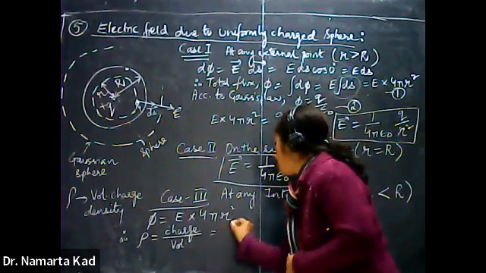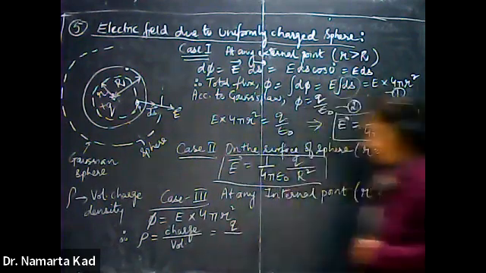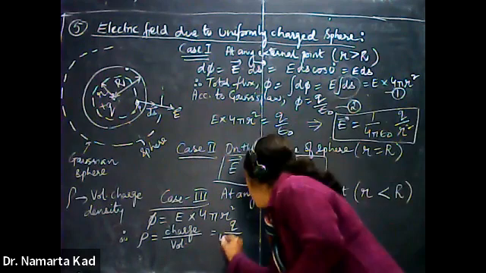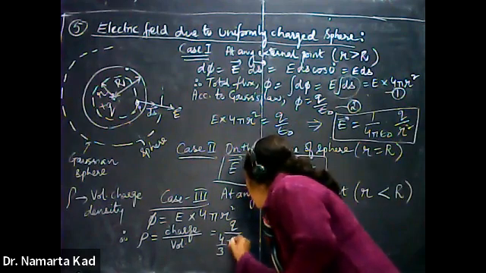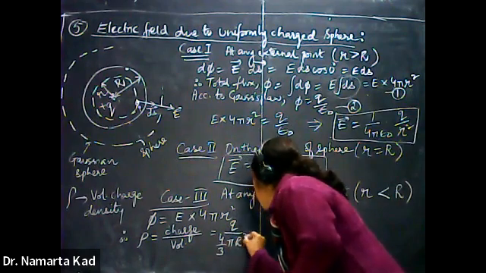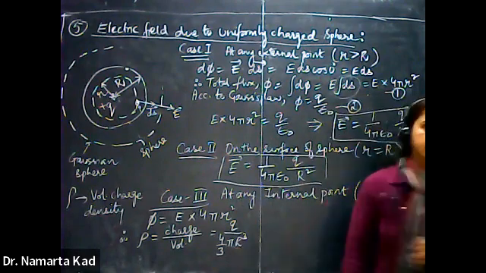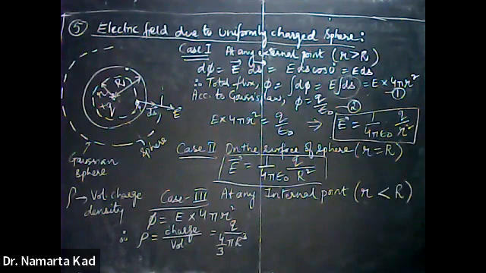And what is the charge? Charge is Q, and the volume of the sphere is given as 4 by 3 pi R cube. This is the volume of the sphere.